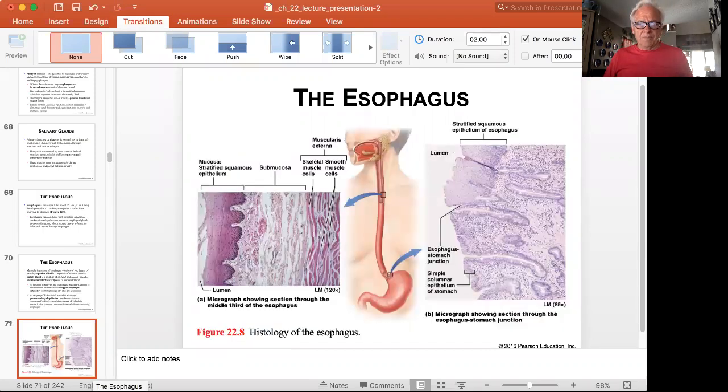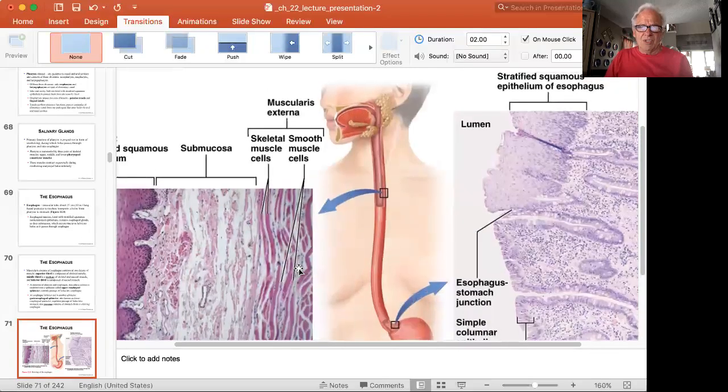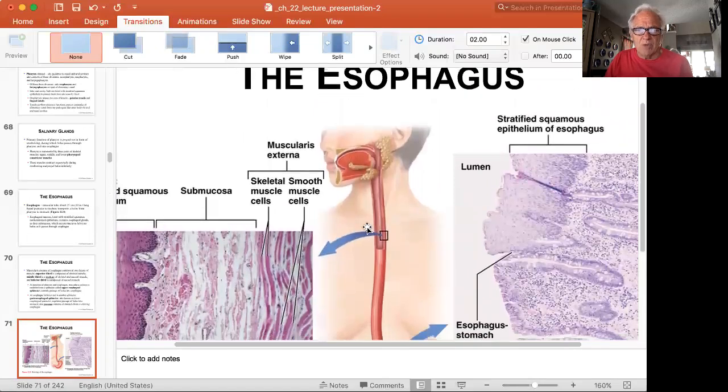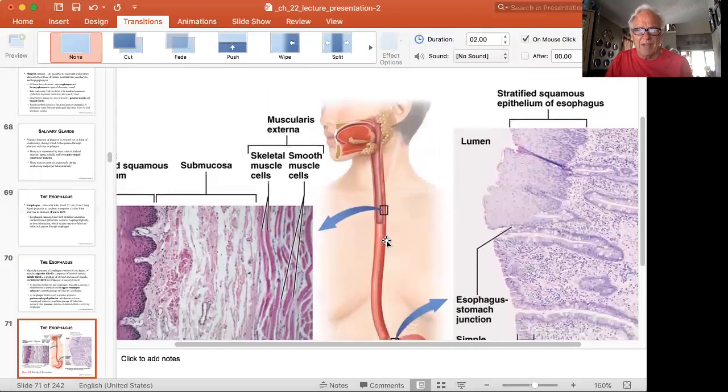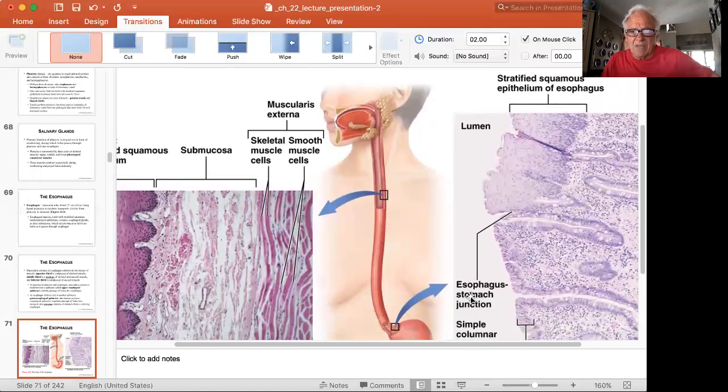If you look here, we talked about the type of tissue that exists, whether it's skeletal or smooth muscle. Well, first of all, here we are in the esophagus, about midway. And we notice up here, the esophagus-stomach junction is here. Now, up in here is mostly skeletal muscle.